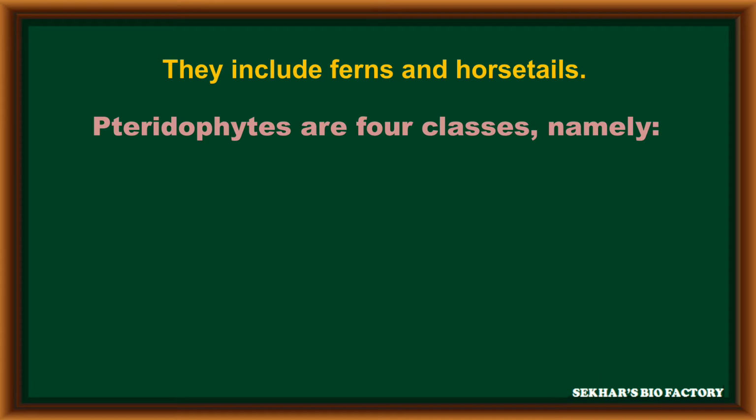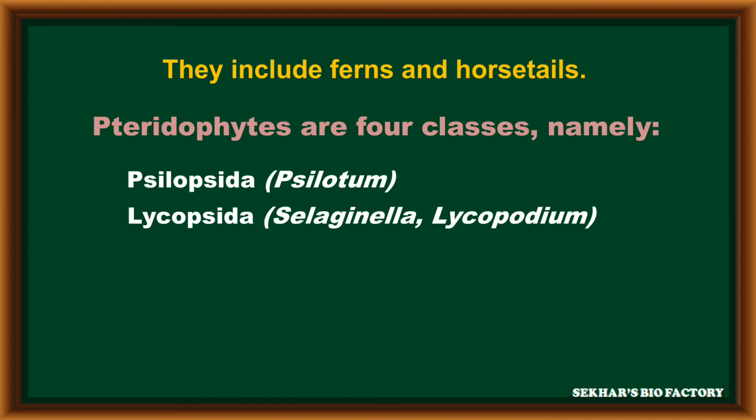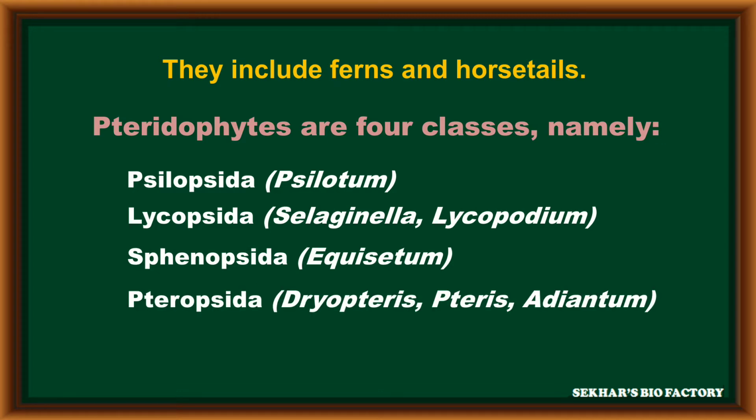The Pteridophyta are further classified into four classes. These are Psilopsida, example Psilotum; Lycopsida, example Selaginella and Lycopodium; Sphenopsida, example Equisetum; and Pteropsida, example Dryopteris, Pteris, and Adiantum.